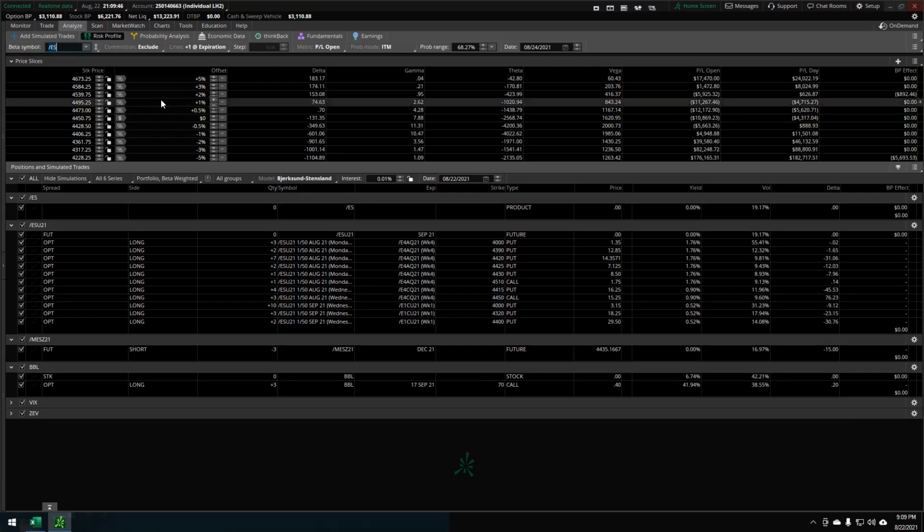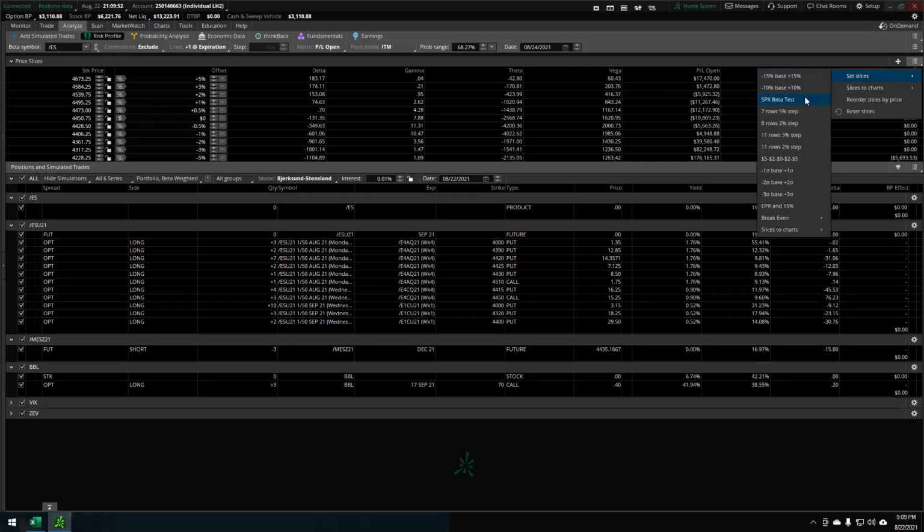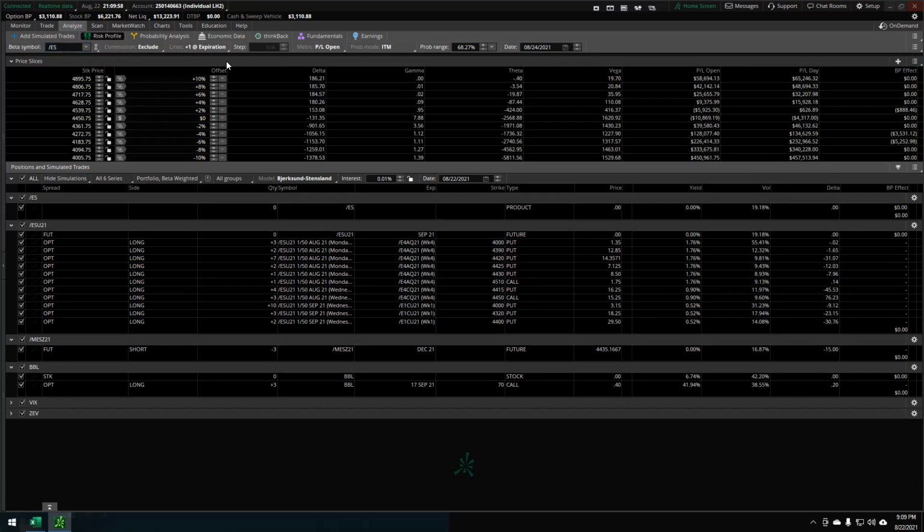And probably you have to go to slides, set slides, and go to 11 rows to set up. And it's gonna give you the 11 rows by 2, and I just adjusted it because I want to go, instead of by 1, by 0.5, and then I go to 1, and then 2, and then 3, and then 4, because more or less right now that is what the market is gonna move, as much as we would like it to, right?